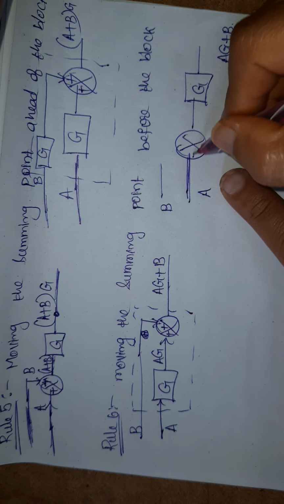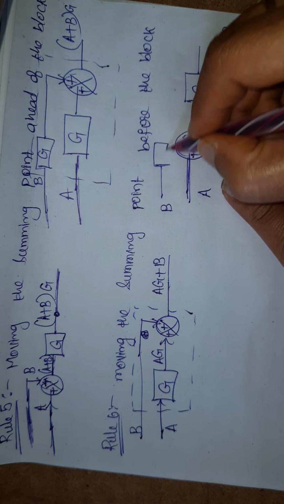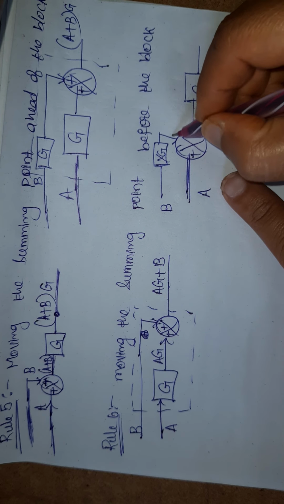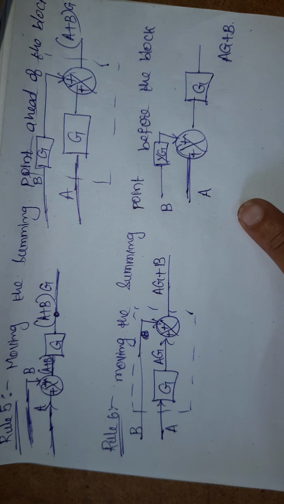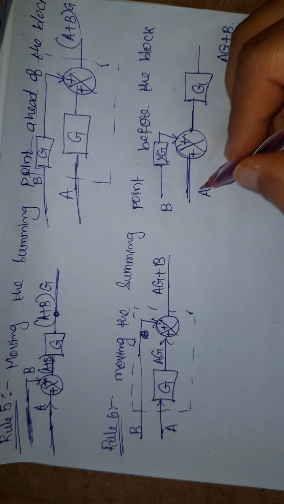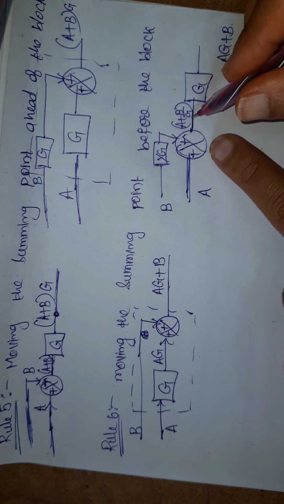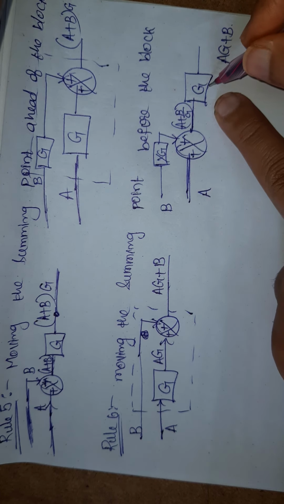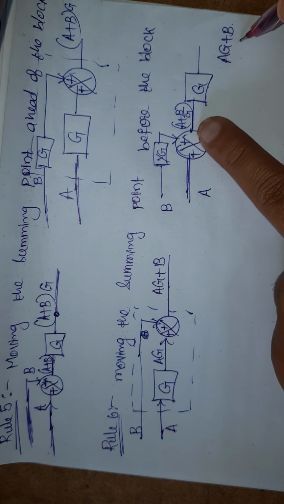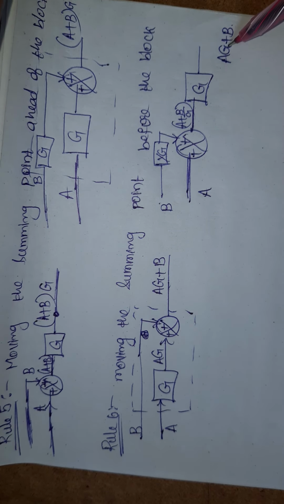Here I am adding the block 1 by G, and that is given to this block. What is the output from this summing point? A plus B by G, and this is multiplied with G, so A into G plus the G and G get cancelled. I will get AG plus B. There won't be any changes in input and output.